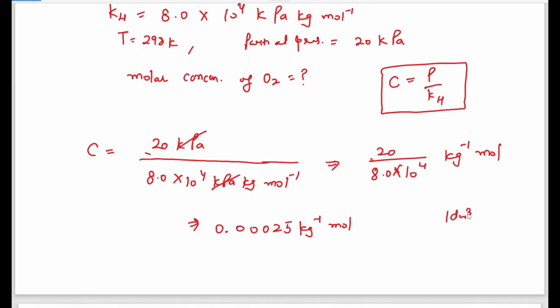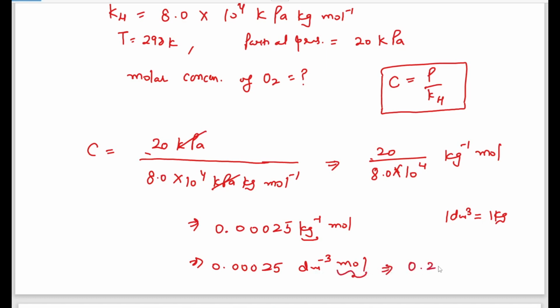And 1 decimeter cube is equal to 1 kg. It means 1 per kg is equal to 1 per decimeter cube mole. Clear? And in the question, they are giving the answer in millimole, so you can convert mole to millimole.